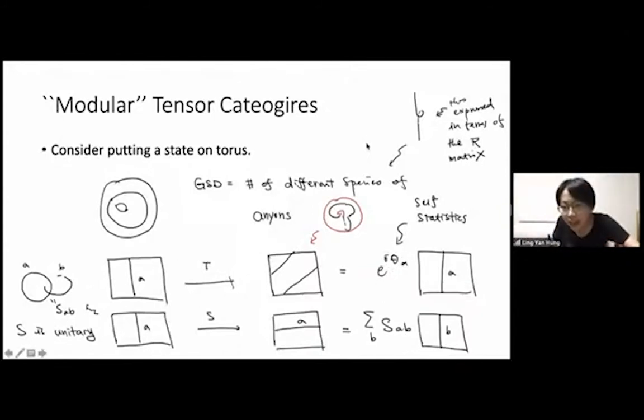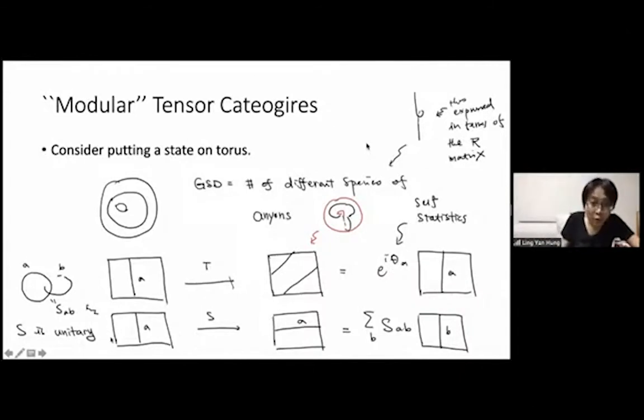And so in particular, if A is a bosonic anyon, then e^{iθ} is just equal to 1. But in general, these are anyons, so e^{iθ} could be any phase.